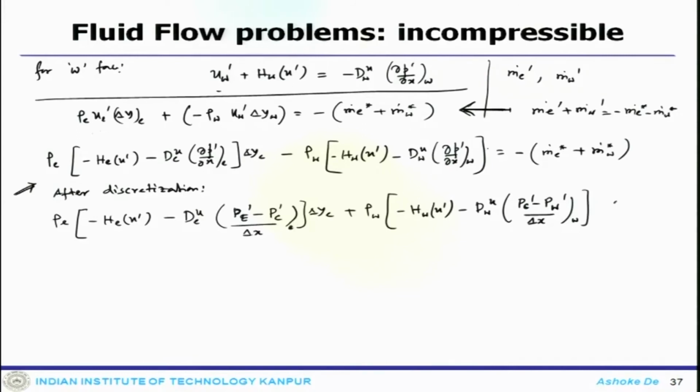So, here there is a multiplication of delta y_w, equals to minus of m dot star E plus m dot star w.